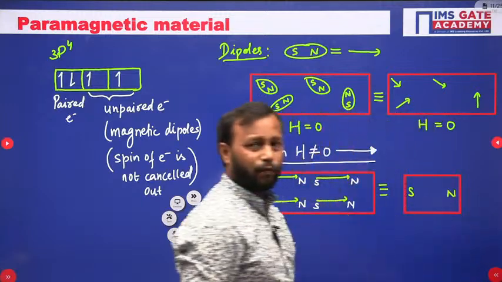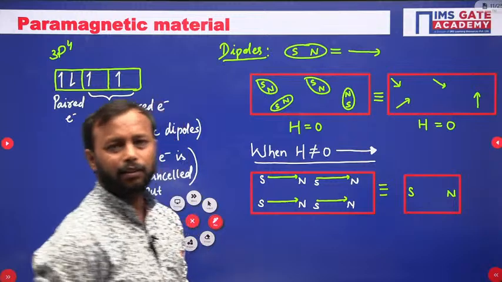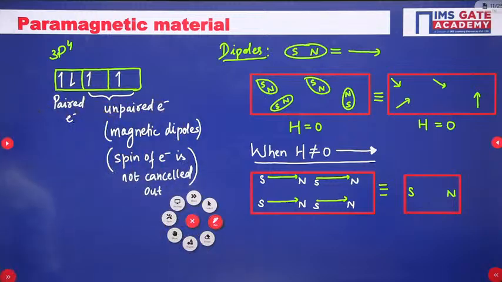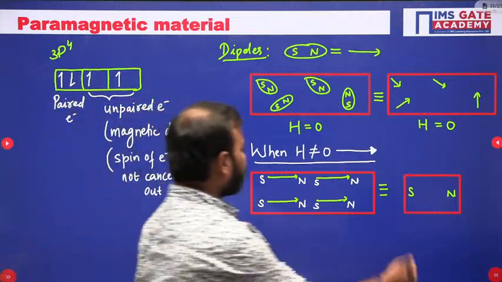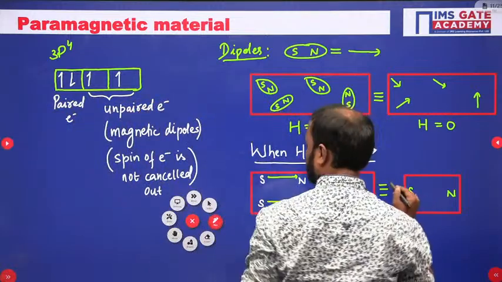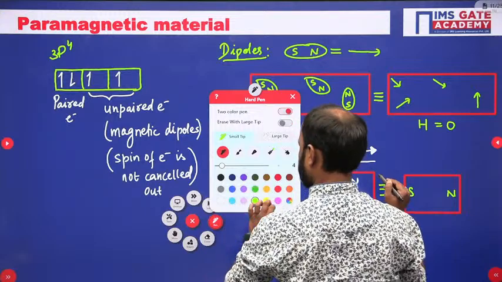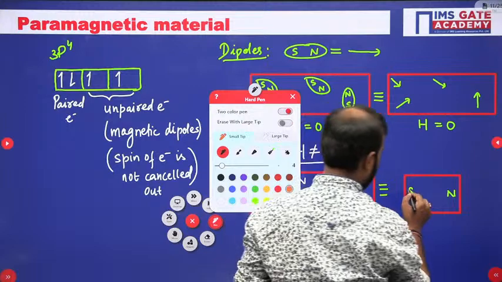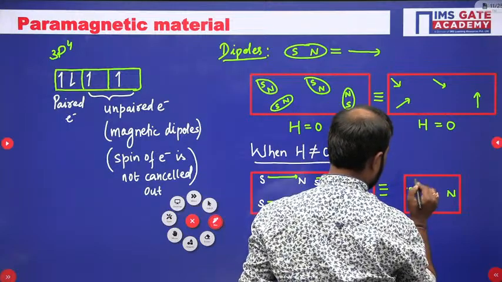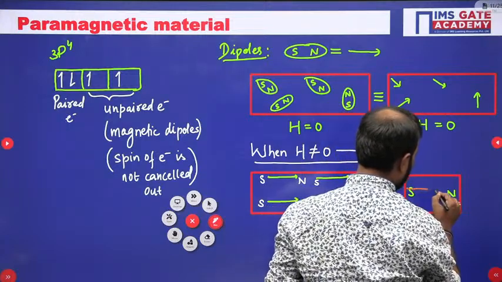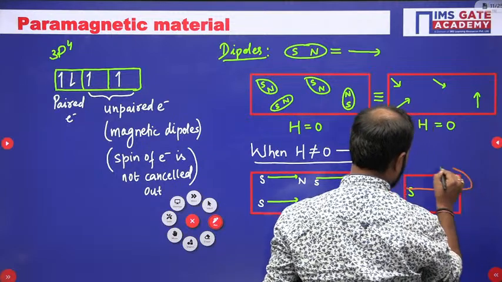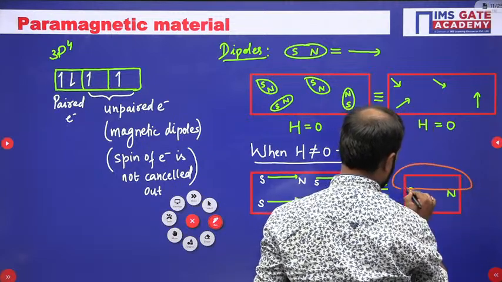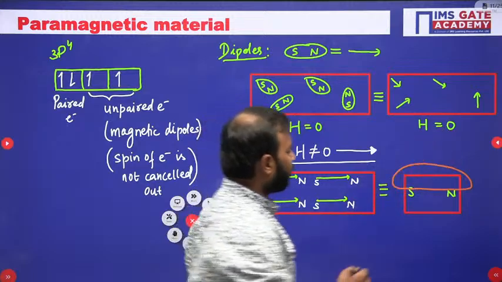And what is the direction of flow of the magnetic field in this? Everybody? It will be like this. Let me change the color. Outside is air, na? Outside is air.